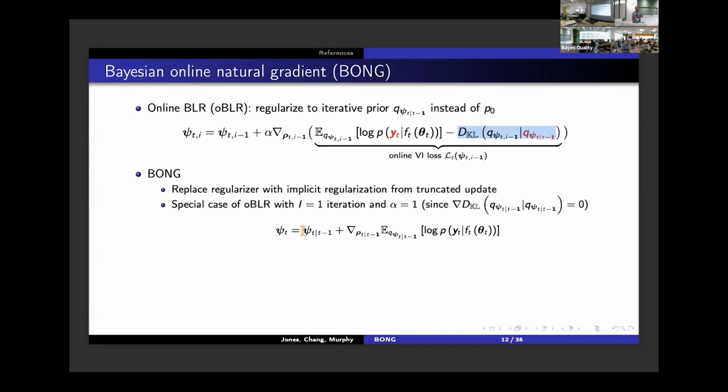So psi t is the posterior belief state, and when we run BLR to convergence, I use capital I for the number of iterations, you run it through capital I iterations, and then psi of t comma capital I will be your final belief state, and that's going to be psi t. That's the thing that you carry forward to the next step.